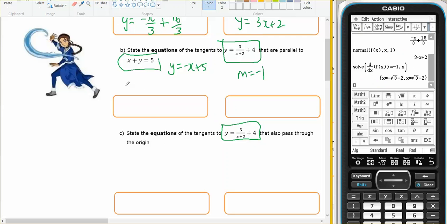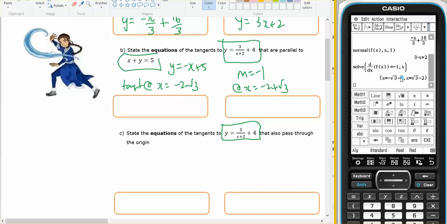I want the tangent at x equals negative 2 minus root 3 and at x equals negative 2 plus root 3. So I'm just going to take my negative 2 minus root 3 and copy it.